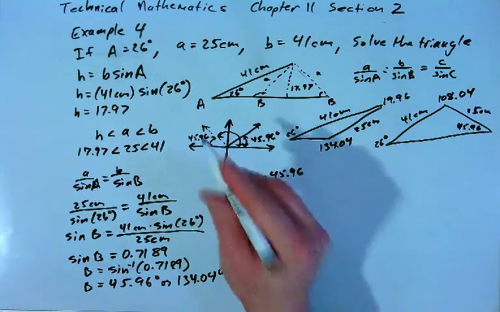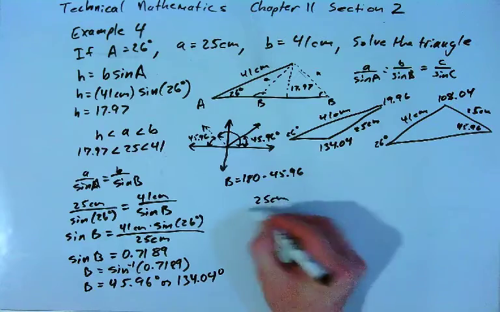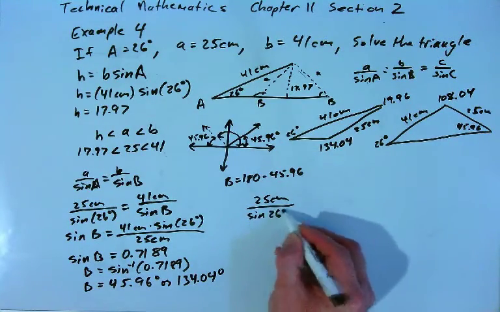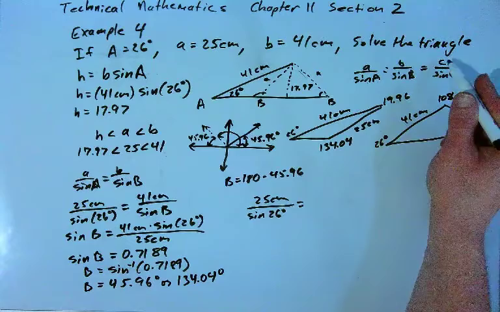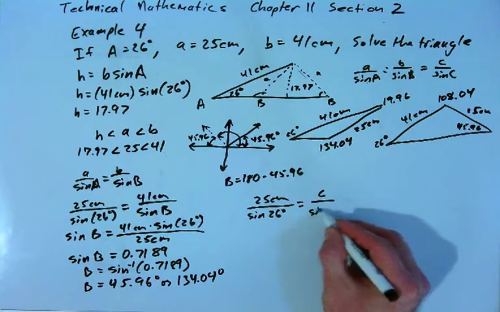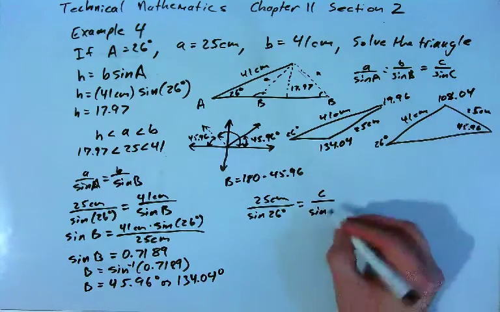So a is 25 centimeters, divided by the sine of A, which is sine 26 degrees. That will be equal to c, which is the side I don't know yet, divided by the sine of angle C, which is 108.04.